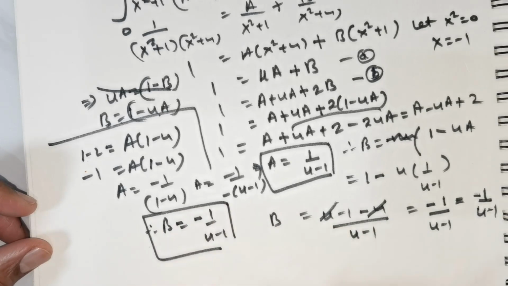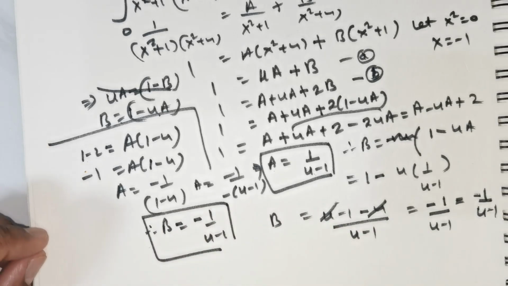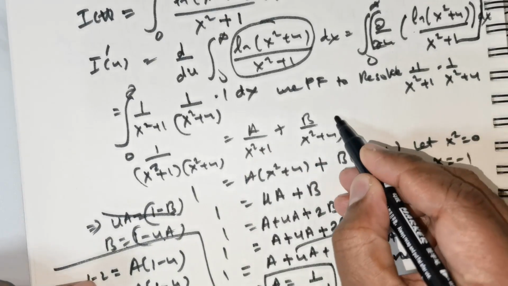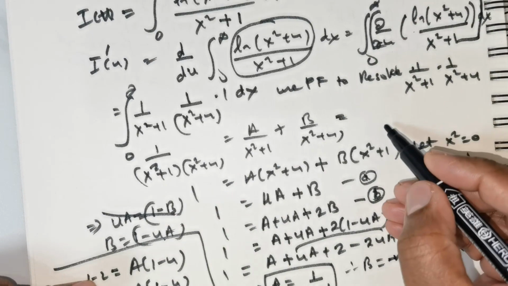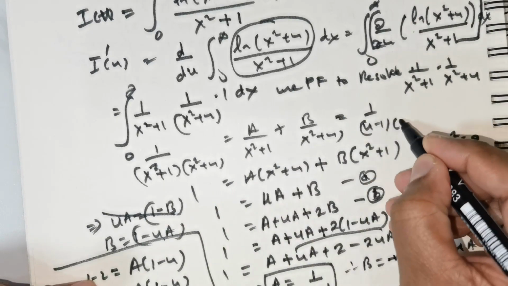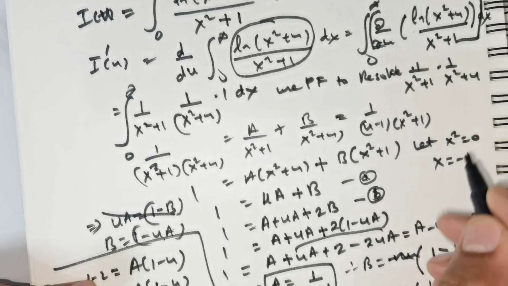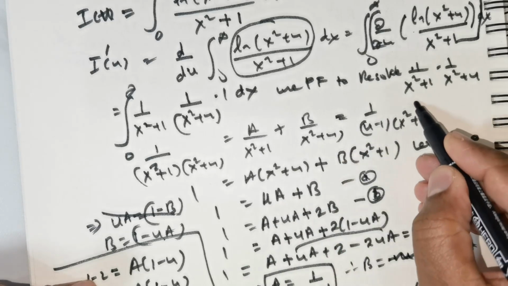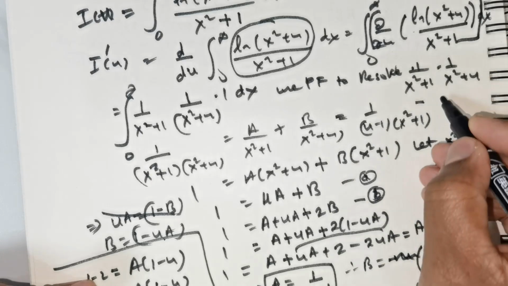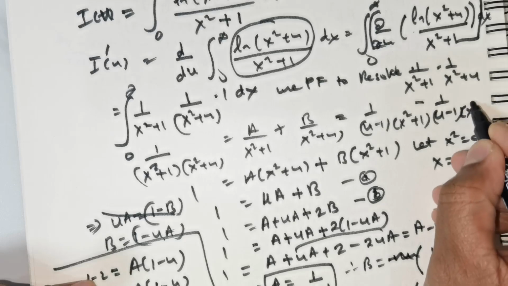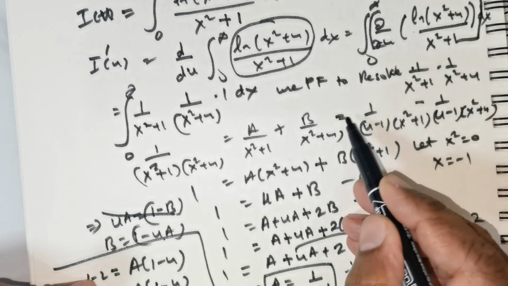So now we can take these values and substitute them over here. My a value is 1 over u minus 1 times x squared plus 1. This is one quantity, followed by my b value, minus 1 over u minus 1 times x squared plus u, right?